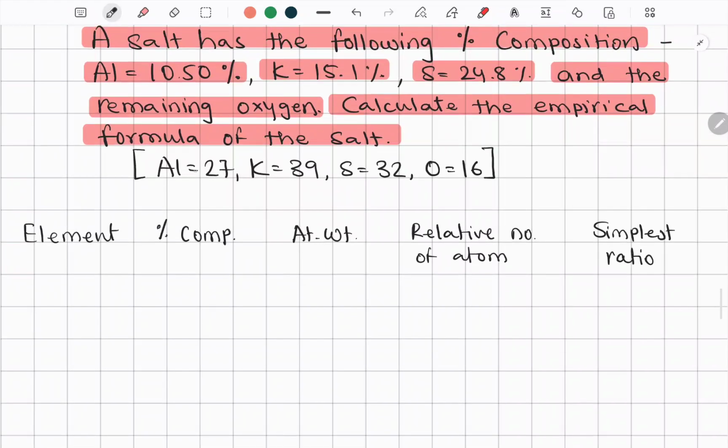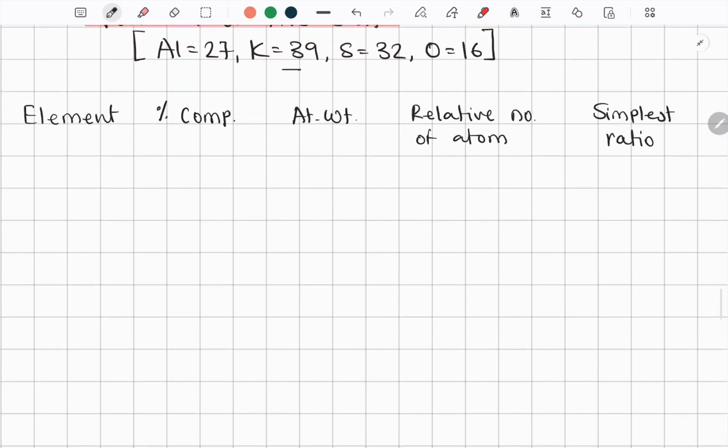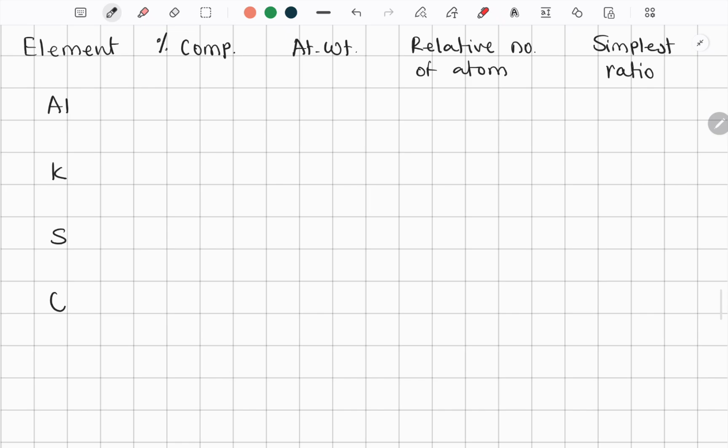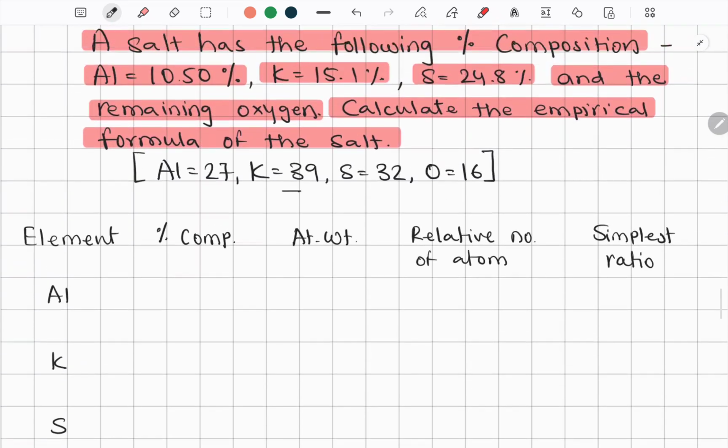How many elements are given? 1, 2, 3, 4: aluminium, potassium, sulfur and oxygen.